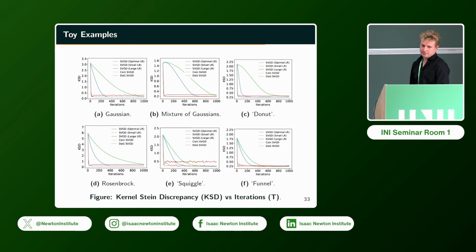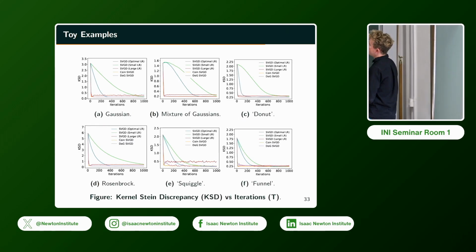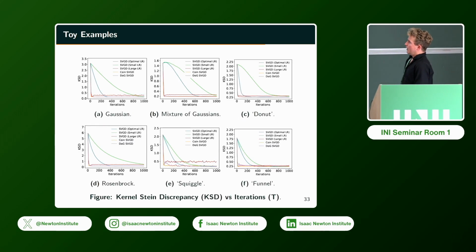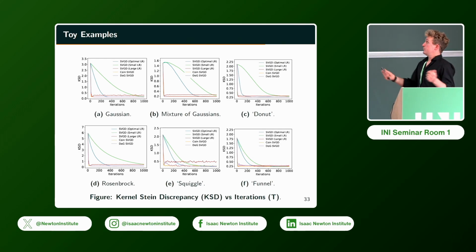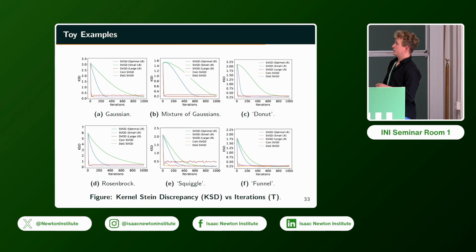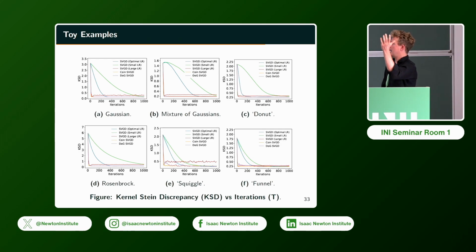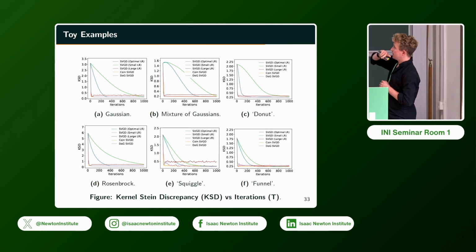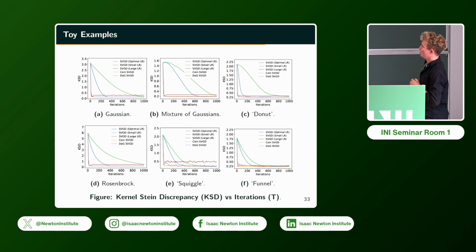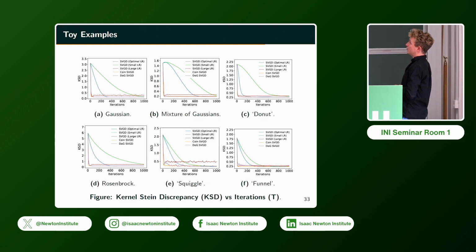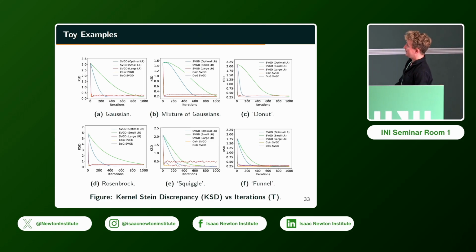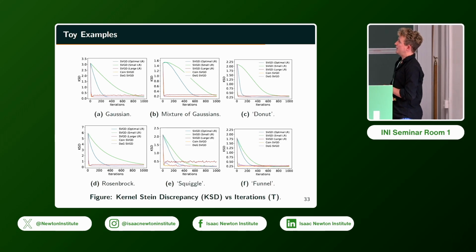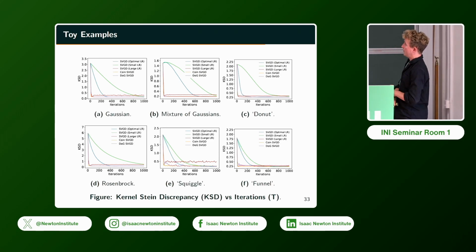Okay, so let's make this a little bit more quantitative. Here you can see essentially the sample quality as a function of the number of iterations. So how are we measuring sample quality here? We're using the KSD. And you can see in particular that both DoG or WDoG SVGD and coin SVGD converge very quickly, similar to the convergence of SVGD with a large learning rate.